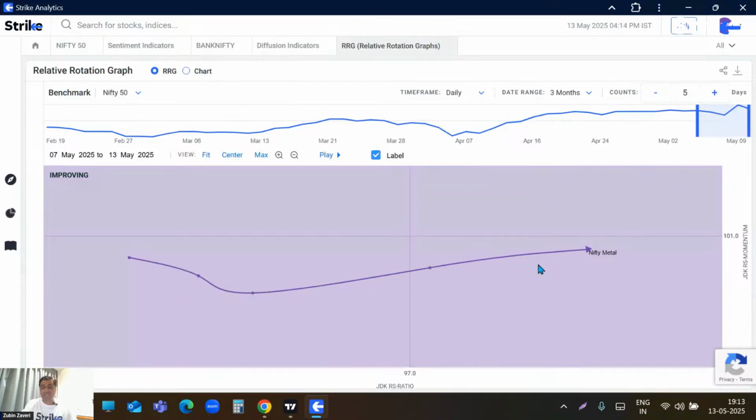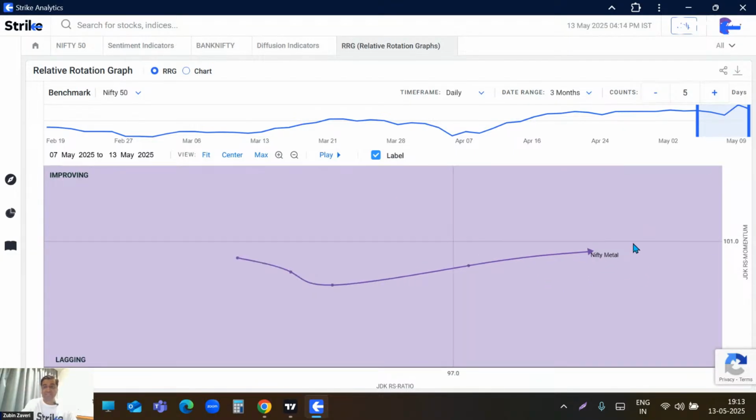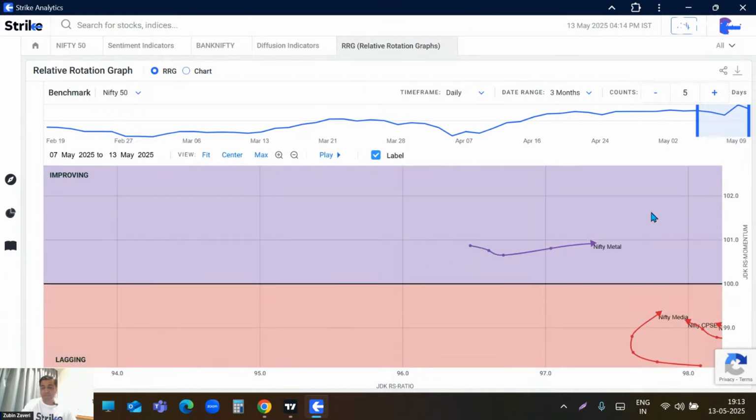So it is always a comparison. If Nifty 50 fell by 1% today, then the metal index will fall by less than 1%. If Nifty goes up by 1%, Nifty Metal has gone up by more than 1%.